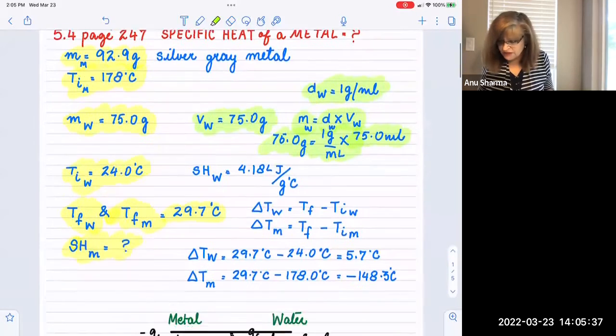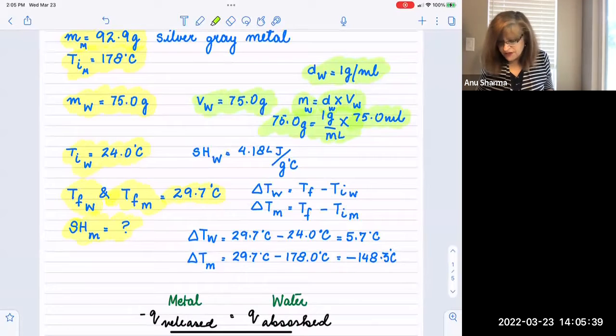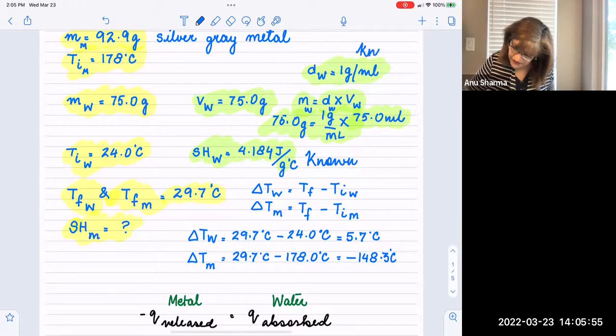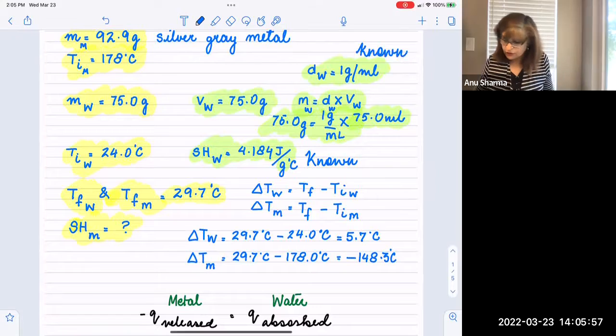So that's one piece. Second thing is the specific heat of water, which is 4.184 joules per gram degree Celsius. Okay, so this is something that is already known. So the density of the water is known, and the specific heat of the water is also known.